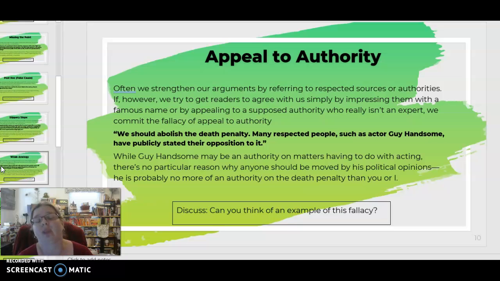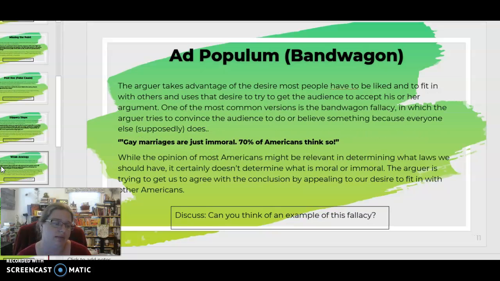For example, if there's an actor who is proposing a specific political or ideological point of view, just because that person is famous doesn't necessarily mean that they're any smarter or that they have any more information at their disposal than we do. So be careful of the appeal to authority fallacy.